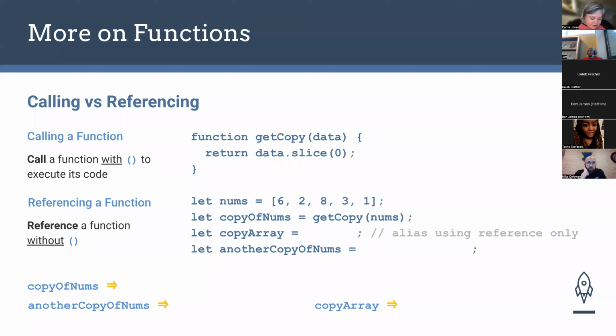I don't know how much you guys know yet about the difference in the way that arrays are stored in memory. If you have a string and you say, I want this string to equal this other string, then you've just created a new string, no problem. If you have an array and you say this array is equal to this other array, you haven't really created a new array.